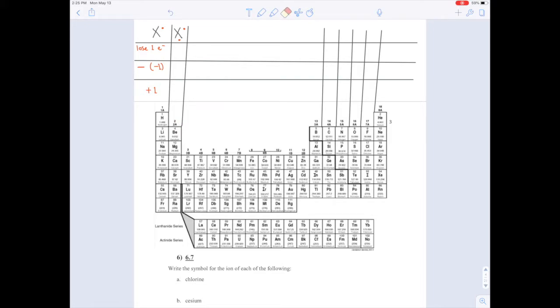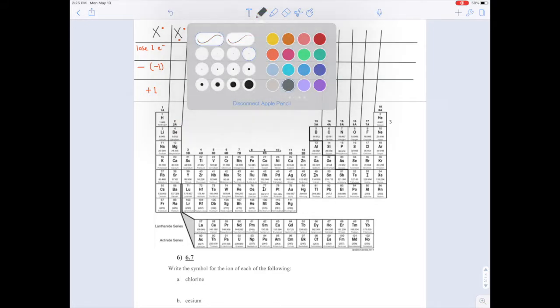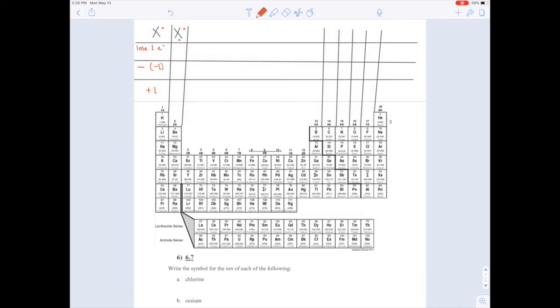And we saw in questions 1 through 4 that the easiest way for an atom that has 2 electrons to get rid of all its unpaired electrons is to lose those 2 electrons. If it lost those 2, then the atom would have all of its electrons paired. It wouldn't have any unpaired electrons.